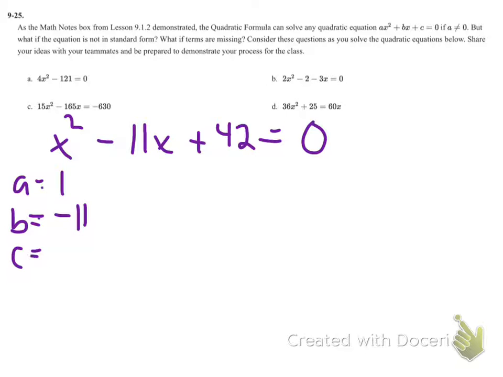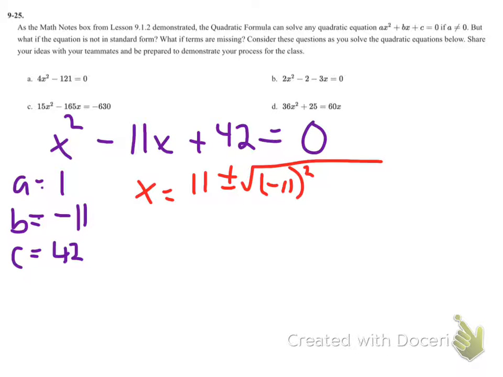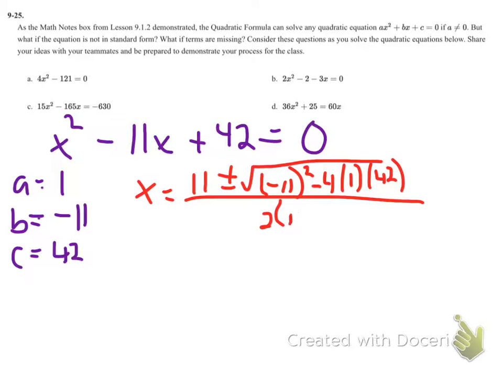And my c value is positive 42. So x equals, the opposite of negative 11 is positive 11. Plus or minus the square root of negative 11 squared minus 4 times 1 times 42, all divided by 2 times my a value.